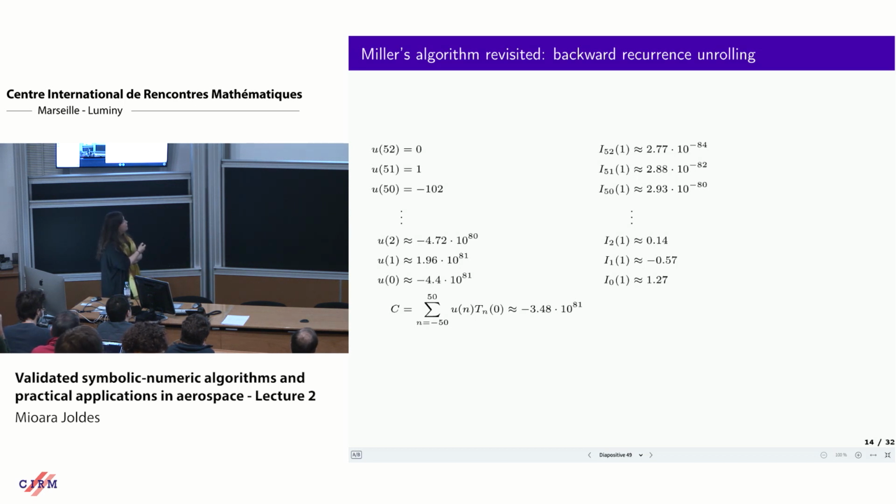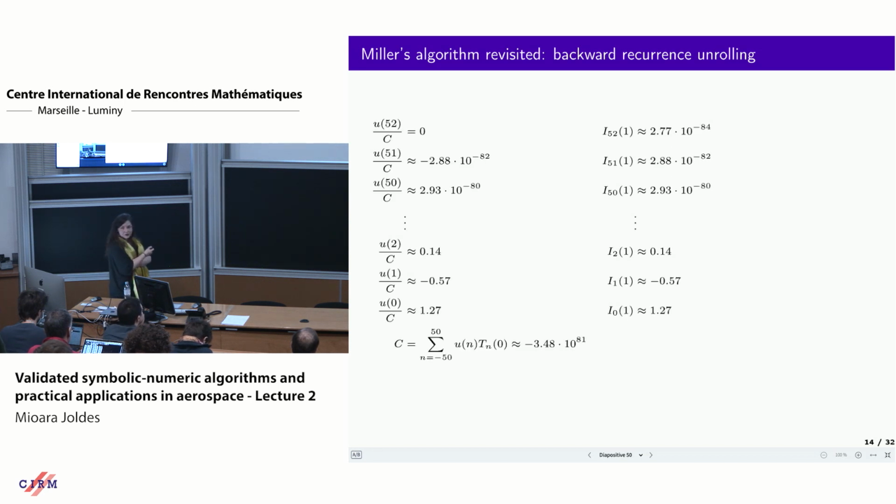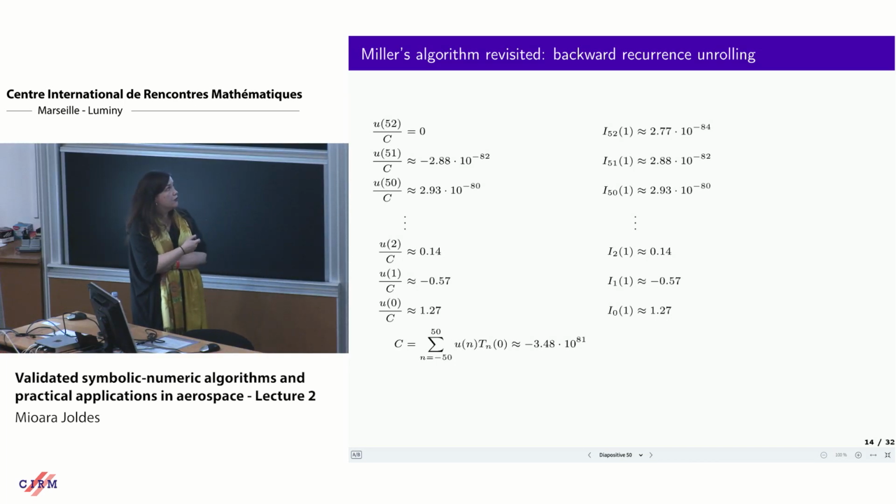Then I unroll my recurrence backward, and then I have f of 0, and I can compute this constant with these conditions. Because the actual initial condition in this case is 1, I can just divide by this constant and obtain accurate, and we don't know how accurate, values of the true coefficients of my series.